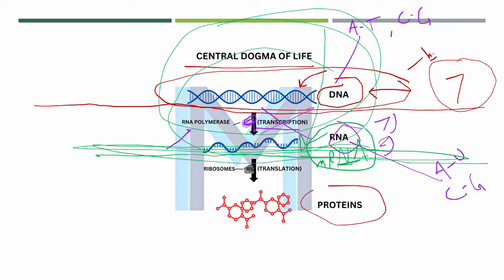And in the cytoplasm, where translation starts, the RNA message from the messenger RNA is now translated or converted into a protein. And this process occurs in the ribosomes.